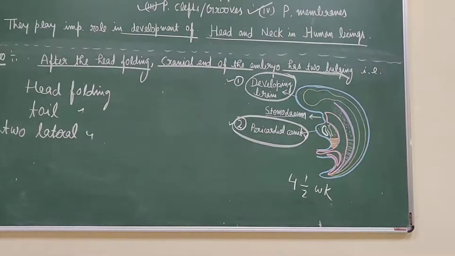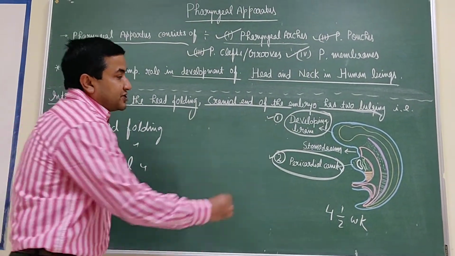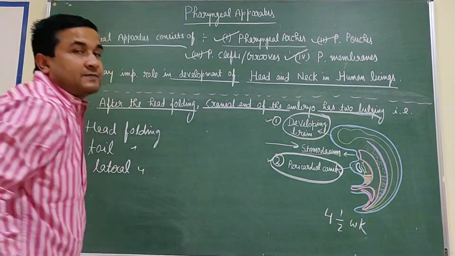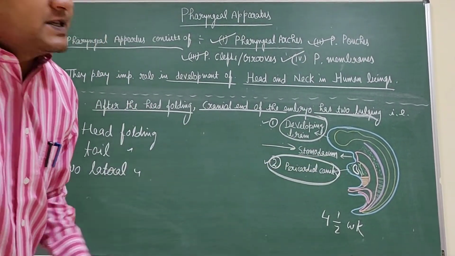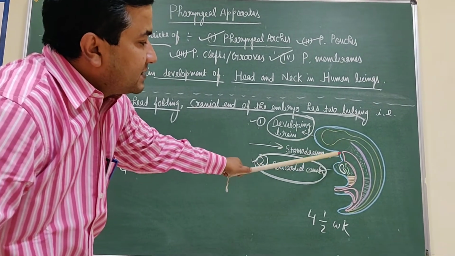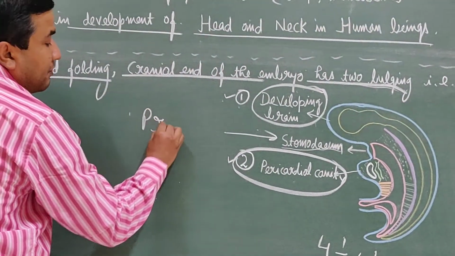Now, these two bulgings are separated by a depression. This depression is known as the stomodeum. This stomodeum separates these two bulgings, and it is the primitive mouth.